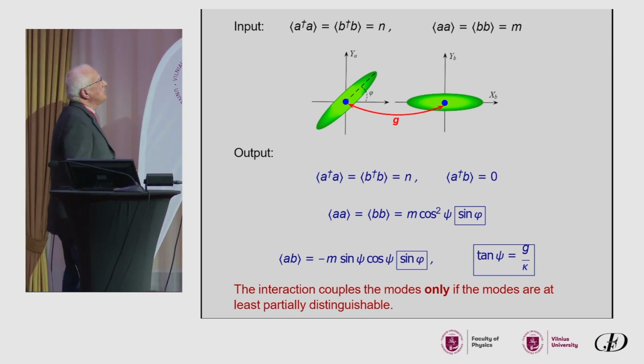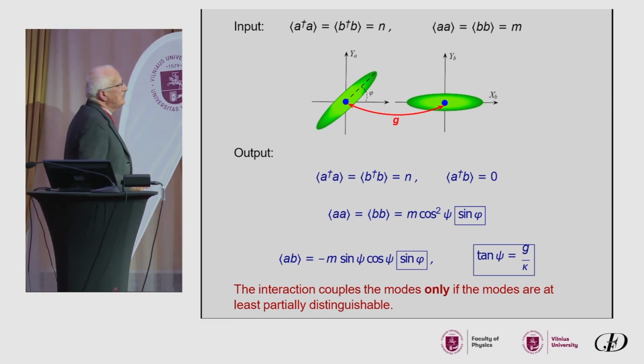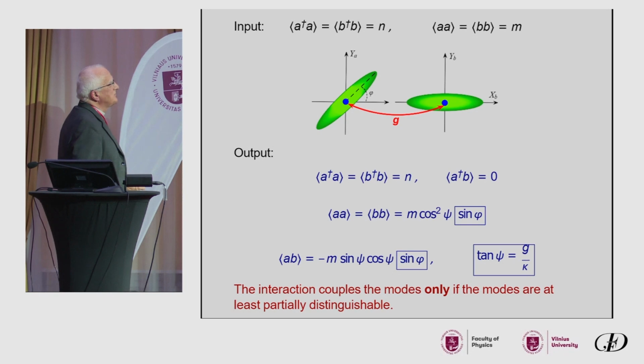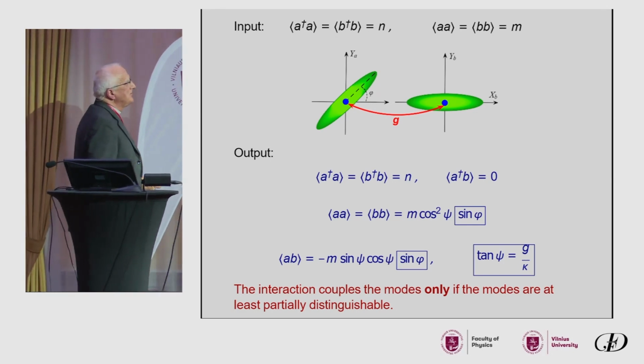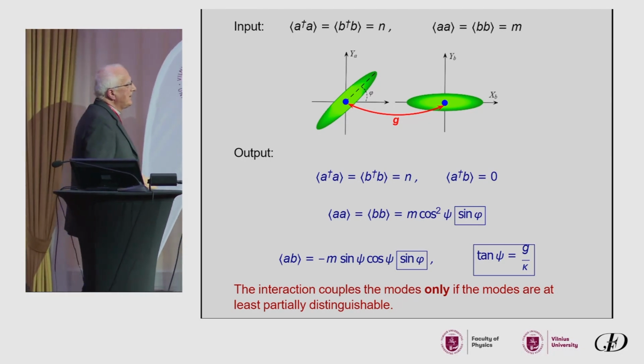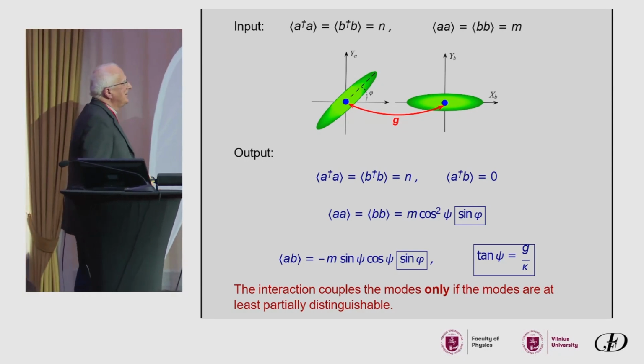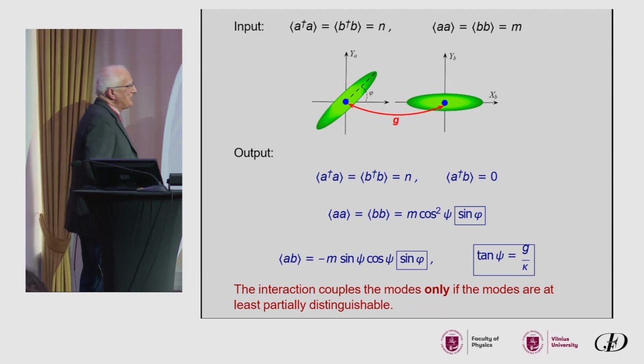If at the input we had two modes with the same number of photons, at the output the number of photons is conserved. There is no first-order coherence, which means that with this linear coupling, when you have two modes with the same number of photons, you cannot create coherence between these two modes. But if you have two-photon correlations inside the modes, you can create two-photon correlations between them.